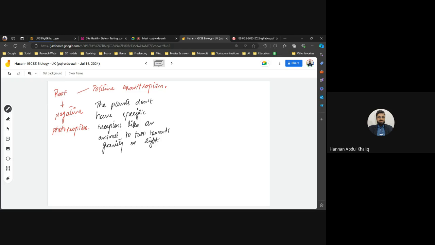Maybe we also do have pressure receptors that make us feel the gravity sometimes. When we have more pressure on our joints, we feel that a lot of gravity is working on us. So the plants don't have those kinds of receptors.